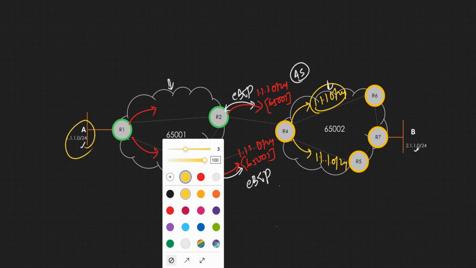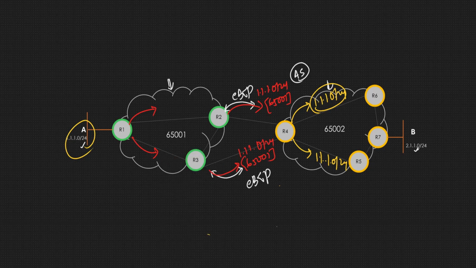One will be selected at a time. So for example, when B wants to communicate, this is the shortest or best path to reach the destination. So R4 always prefers this link to go into 65001.